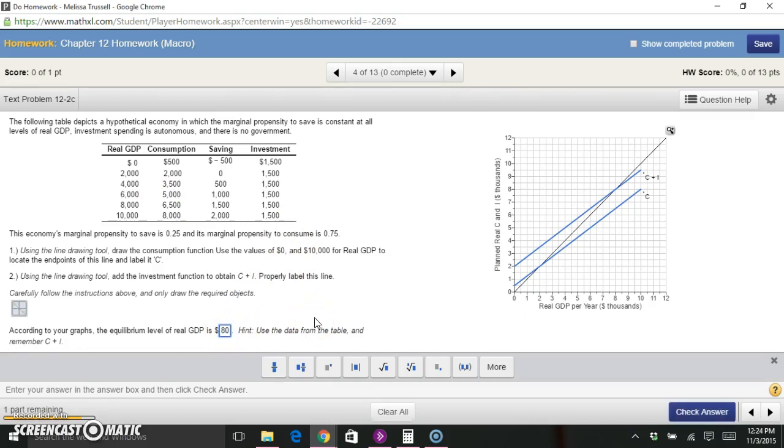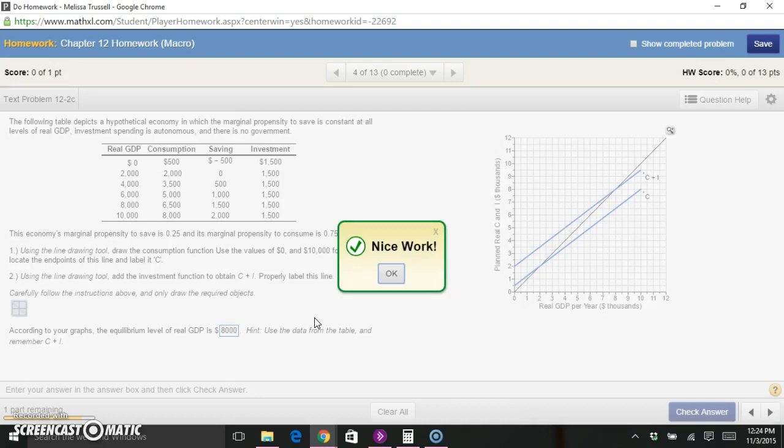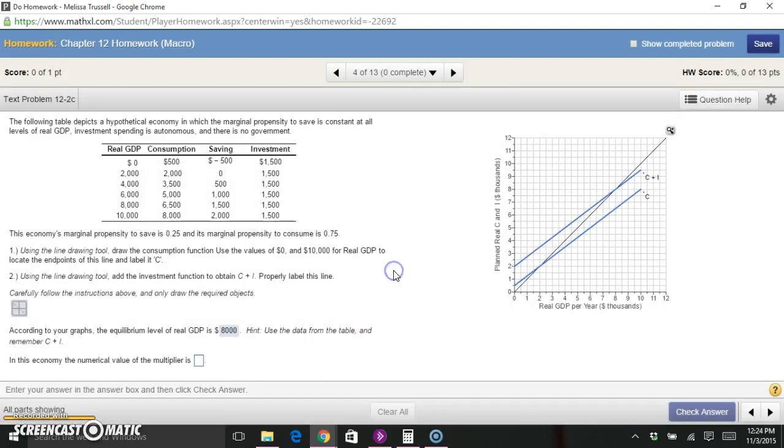So it's at $8,000. That's just our equilibrium rule for GDP, just like we have an equilibrium rule for supply and demand or anything else we've studied. For GDP, the equilibrium rule is that it's wherever GDP equals C plus I.